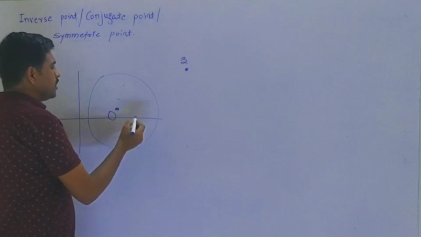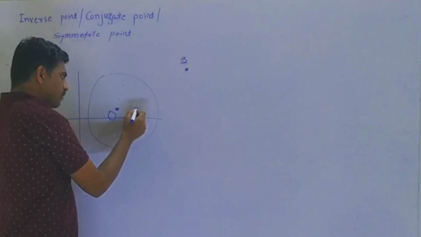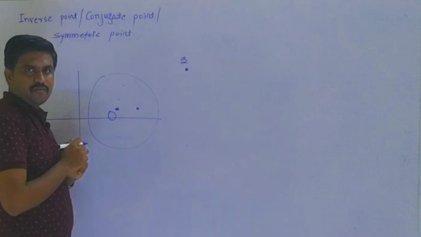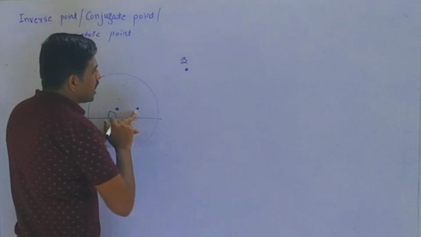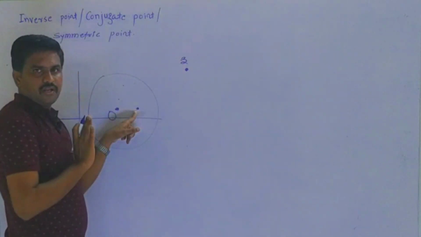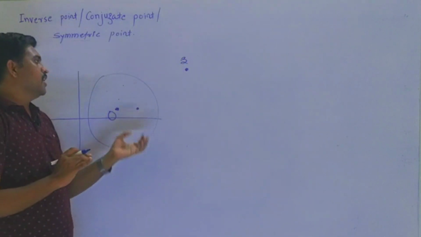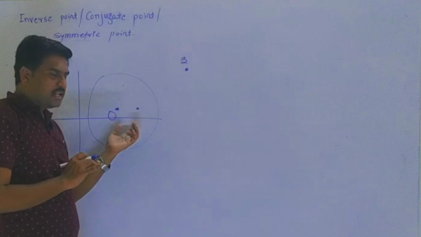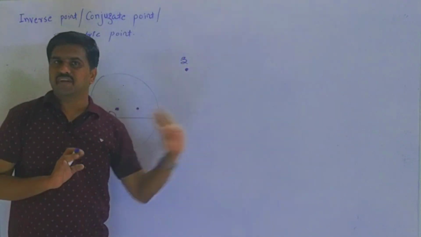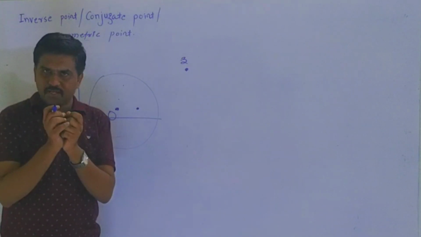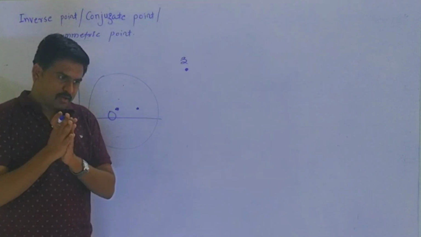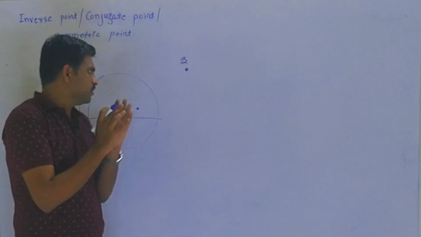And if you find the conjugate of a point inside the circle, then its conjugate you will always find outside. So if a point is outside, its conjugate is inside the circle; if a point is inside the circle, its conjugate is outside the circle. This is a simple thing you can use to solve the questions, right?